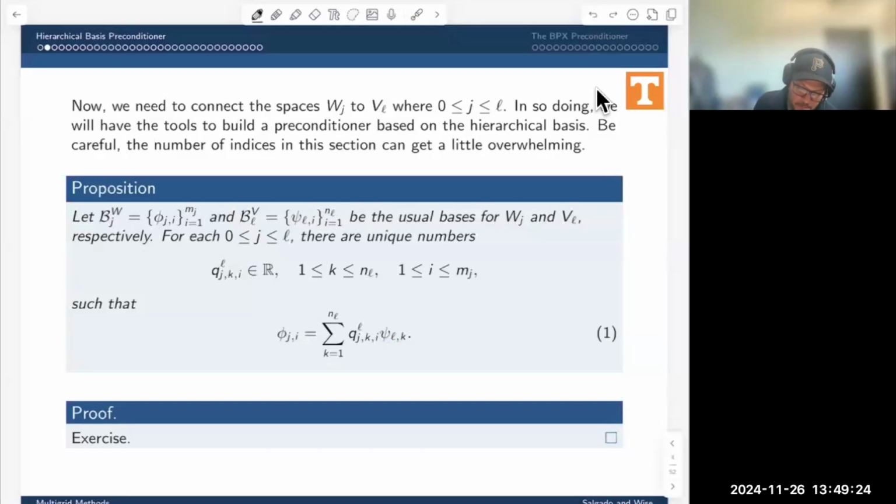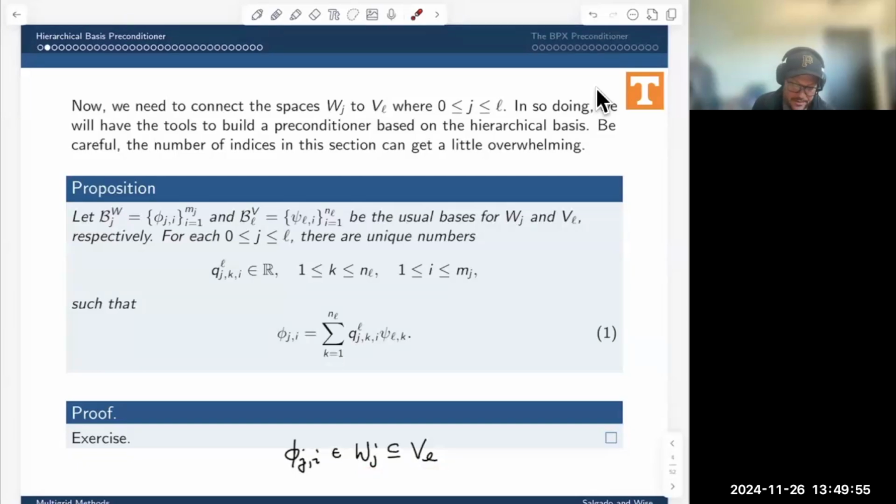Each phi_{Ji} we start out by assuming is in WJ, but WJ is a subspace of VL. This space contains all of the spaces below it, so if I have a basis element from a basis in that space, it's ultimately in this space VL.